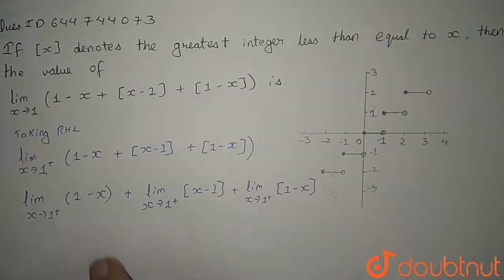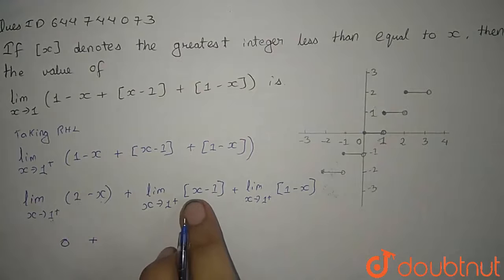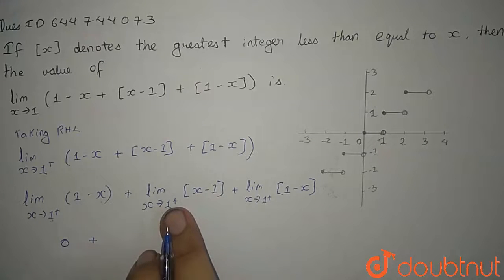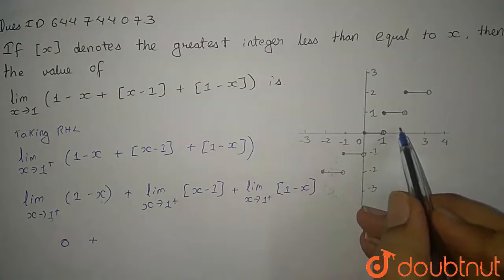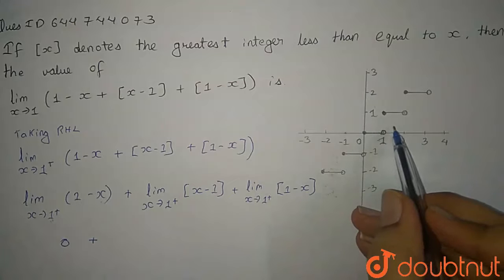Now let's check all these limits. The first one will be directly 0 if we put the value here: 1 minus 1 is 0. So this will be 0. It is fine. Now let's check this limit, greatest integer of x minus 1. Now we need to check the RHL. 1 plus means we are approaching 1 from this side.